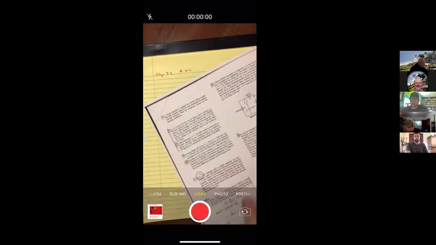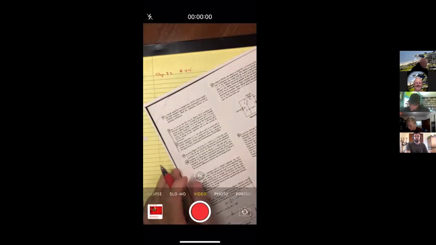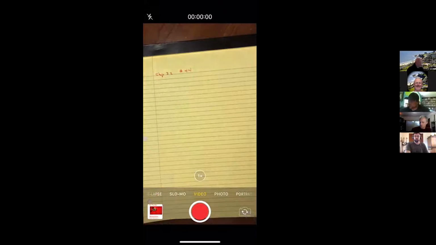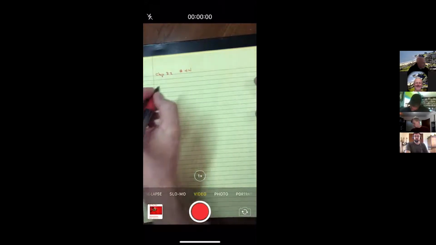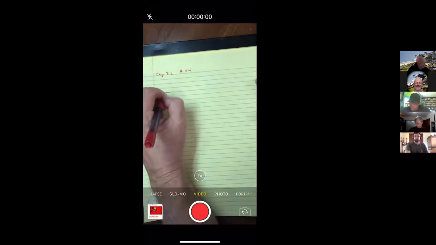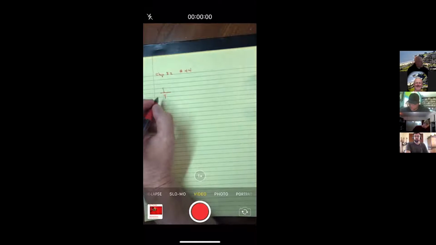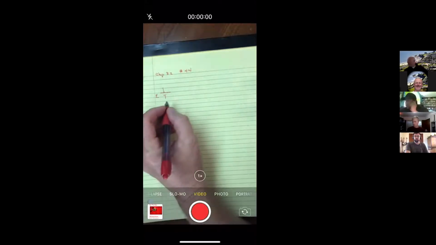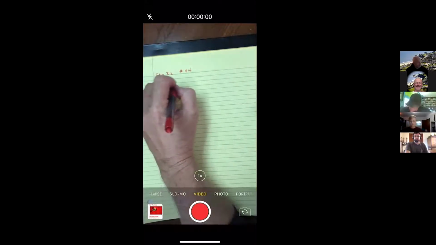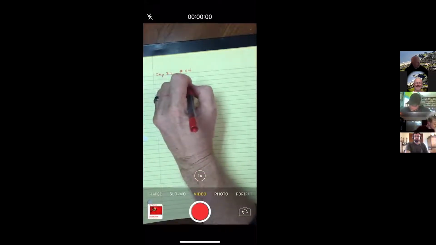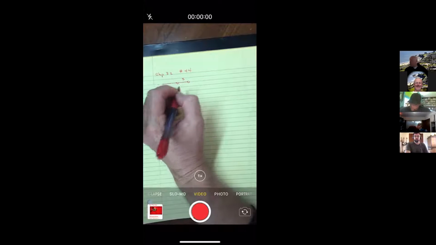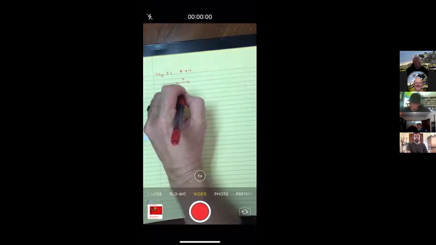Let me go ahead and copy it onto the screen here. Figure 15 looks like this. It's got a power supply that has an EMF of script E, and a single pole double throw switch.